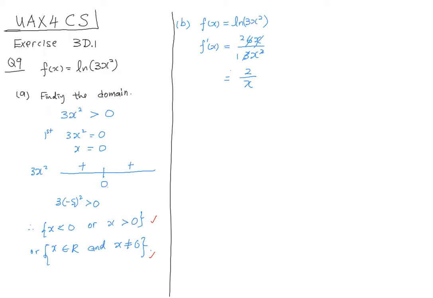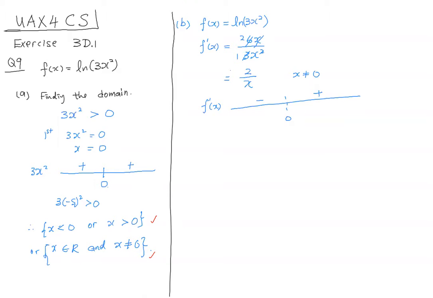Okay, so x cannot be 0. So f prime x sign diagram: for x less than 0, it will be negative, and this one will be positive.